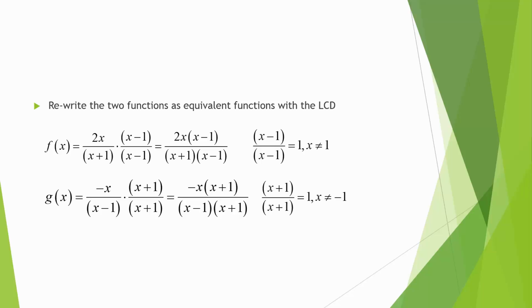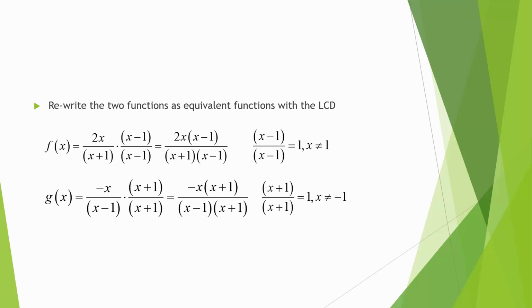Similarly, we can do g of x. So g of x is equal to negative x over x minus 1 times x plus 1 divided by x plus 1. We will obtain negative x times x plus 1 in the numerator divided by x minus 1 times x plus 1.